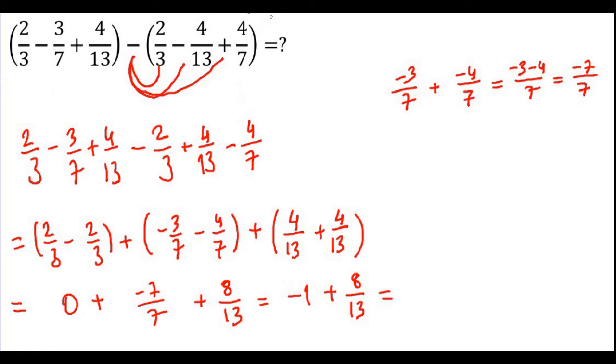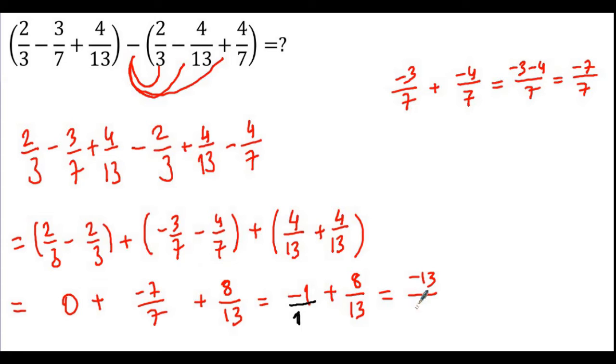So negative 1 is actually negative 1 over 1, right? So now I can make the denominators equal. I should make the denominator of this fraction 13. So I can make it negative 13 over 13.